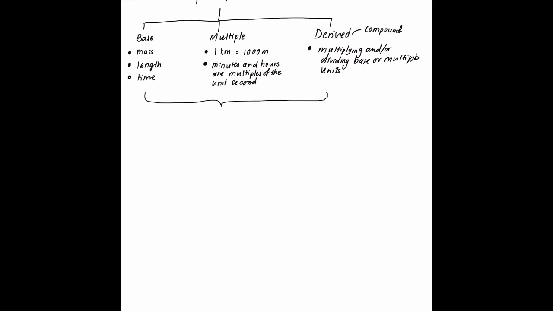For example, density, which is mass divided by the volume. And we know volume is a multiple unit of length.